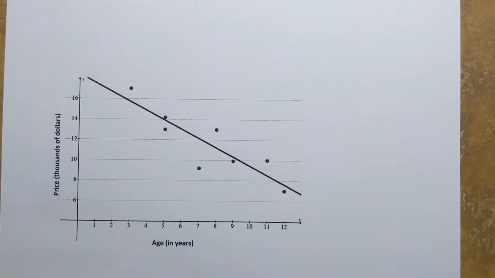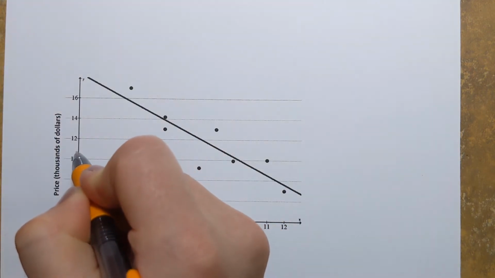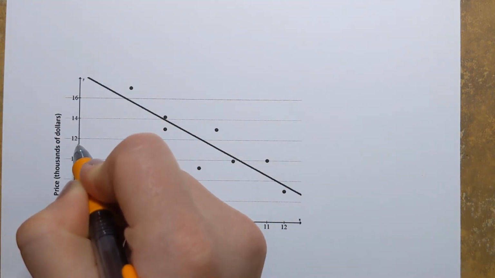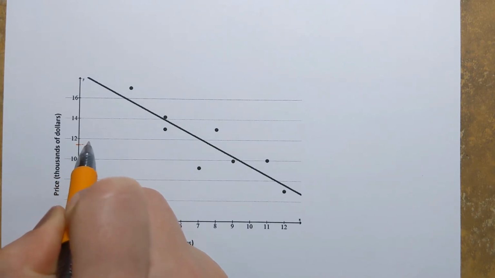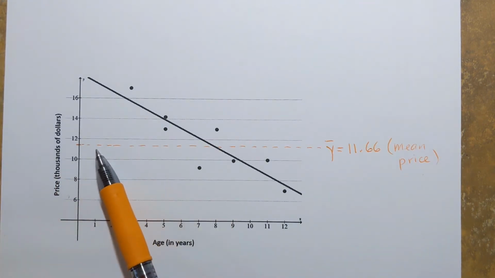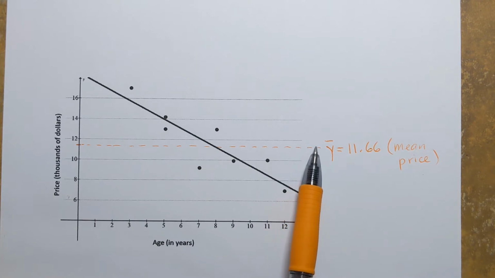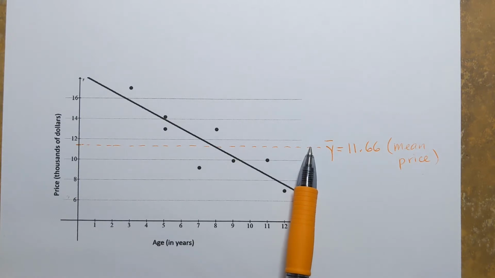We computed the mean price to be 11.66, so it's going to be about over here, and I'm going to draw a horizontal line here. So the mean price always stays the same no matter what car we randomly selected for estimation.